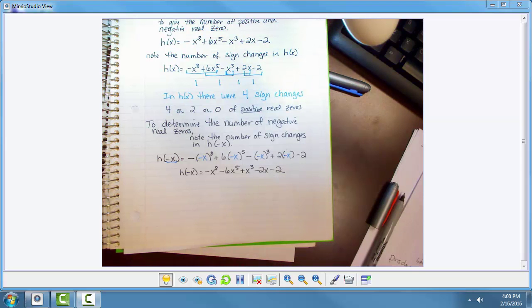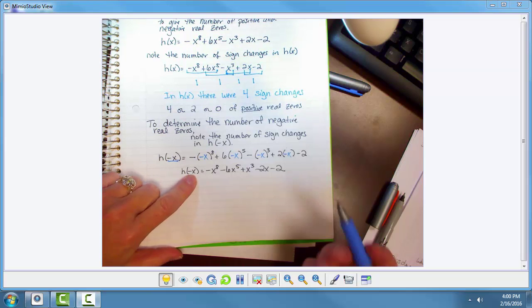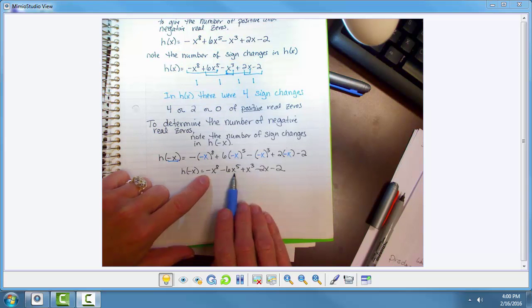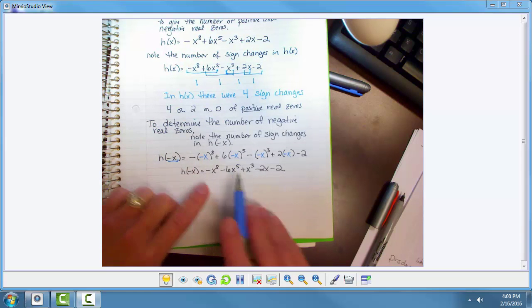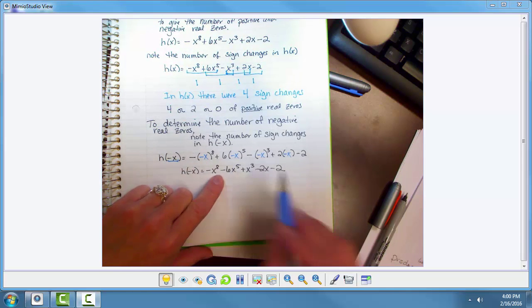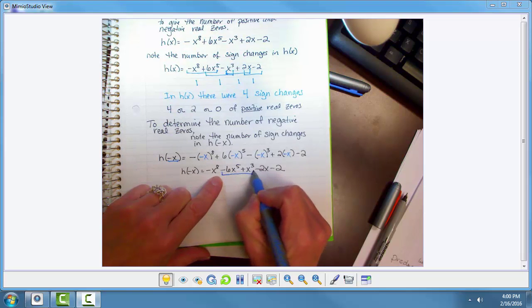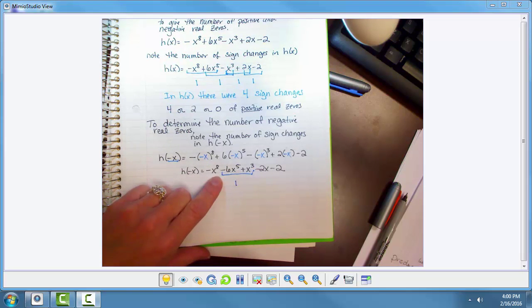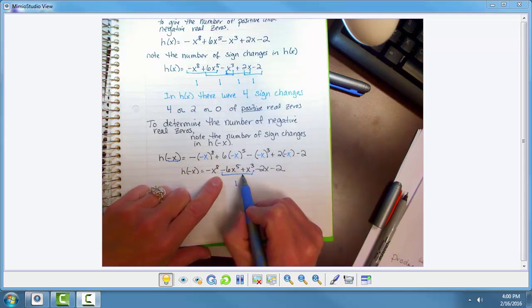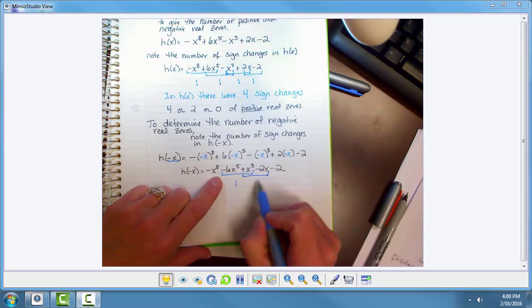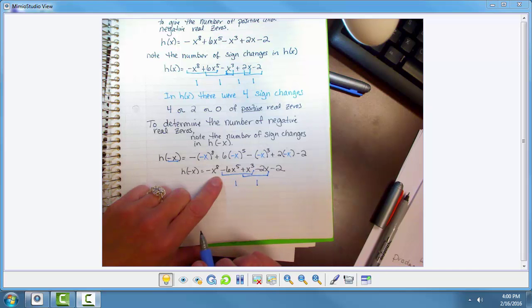So now let's look at our number of sign changes in h of negative x. As we move from the first to the second term, it's negative to negative, so there was no sign change. And then from the second to the third one, it went negative to positive. 1 sign change. And then it went from positive back to negative, so there was another sign change.